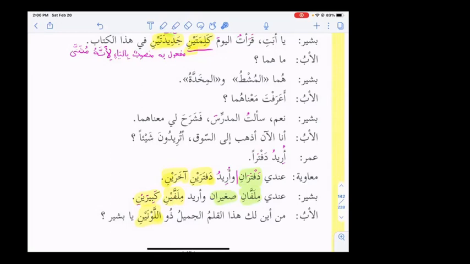Li'annahu musanna. I did not write it, but it means I have written it before. لأنه مفعول به بالياء لأنه مثنى. Same thing applies here. كبيرتين، كبيرين، ملفين كبيرين. So this is again the same way, mansub and mansub bil ya.